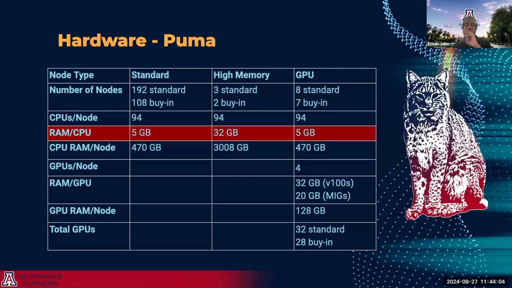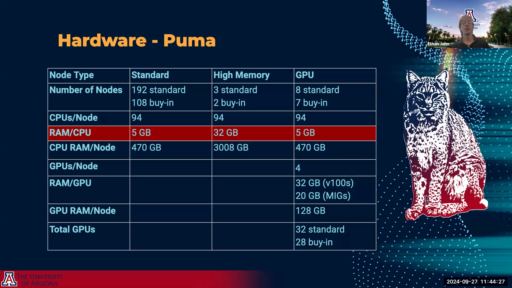So here is the hardware that's available on Puma, and I've highlighted the memory per CPU row because that's going to be one that is very important when you're submitting either batch jobs or Open On Demand jobs, because on Open On Demand now we have a drop-down menu, but previously you could enter any value there. So these are fixed values.